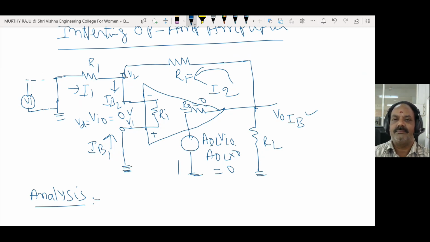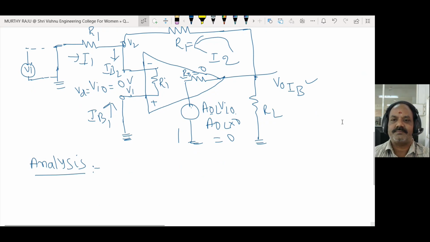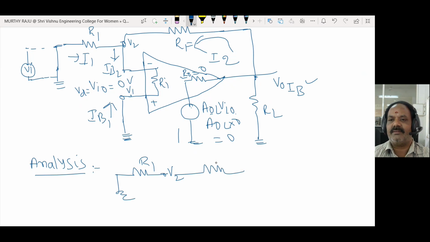Here is the V2 terminal. R1 is connected to ground, and RF is also connected to ground. The IB2 current flows through this one.